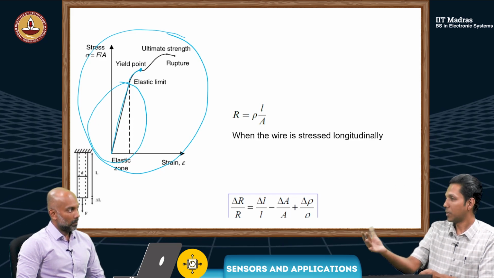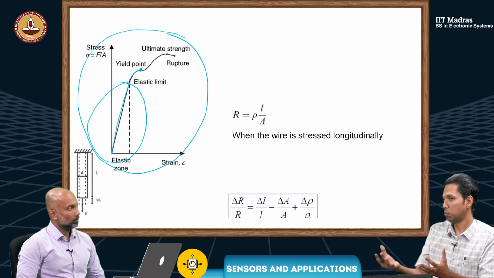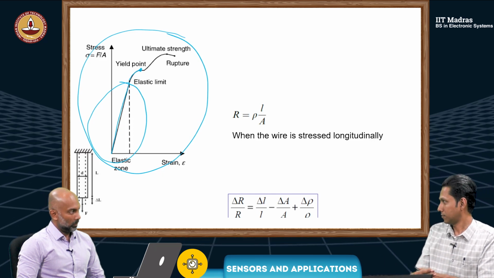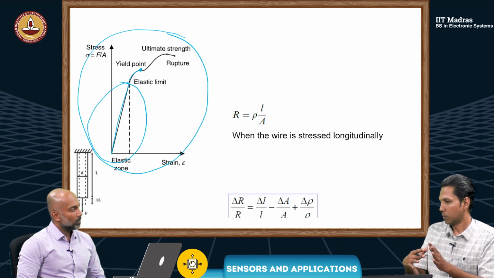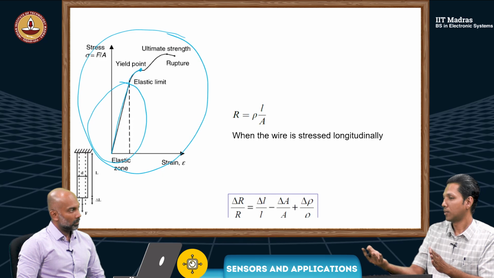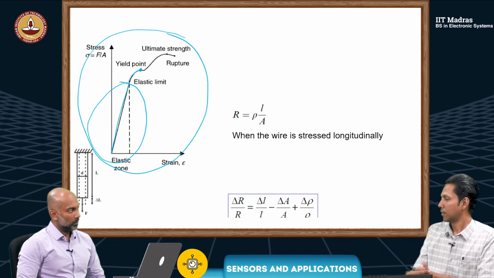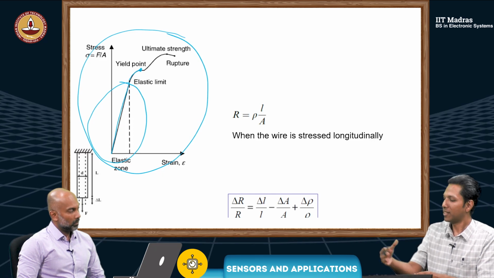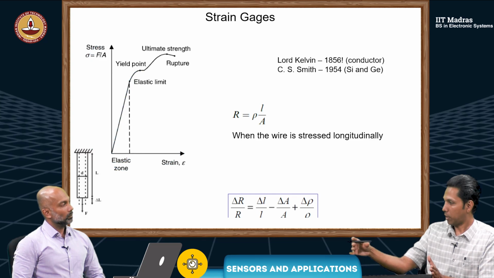Let's say I want to make use of this to measure some mass. I may not be able to make a structure to measure the mass using the resistive element alone. So I may have a structure, we will see soon, where I will put the mass.